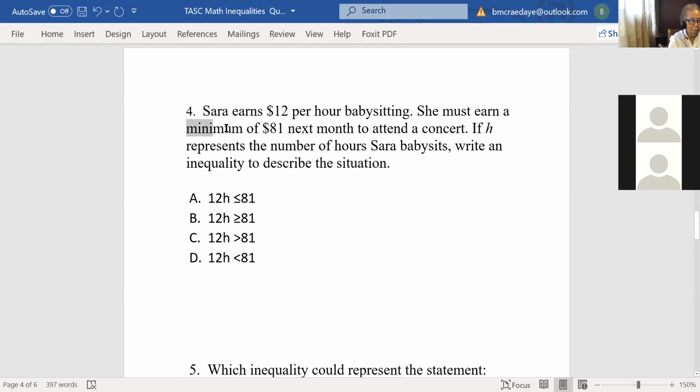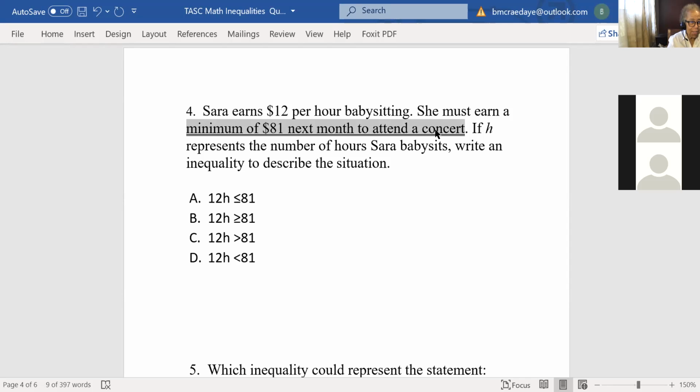If H represents the number of hours Sarah babysits, write an inequality to describe this situation. So you see, she's trying to make at least $81 to go to the concert, and she's earning this money from babysitting at $12 an hour, where the H represents the number of hours Sarah babysits.